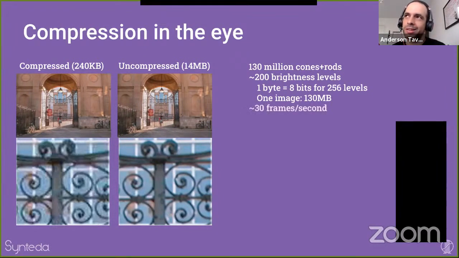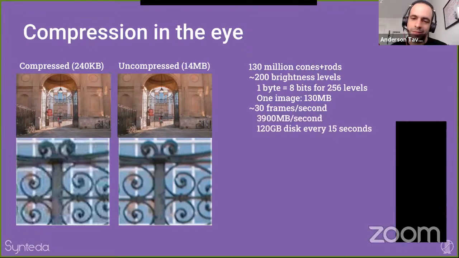And if we consider the receptors firing 30 frames per second, we get almost 4 gigabytes per second. It means every 15 seconds, a disk of 120 gigabytes is filled up. This is really a lot. But this isn't what happens in the eye.